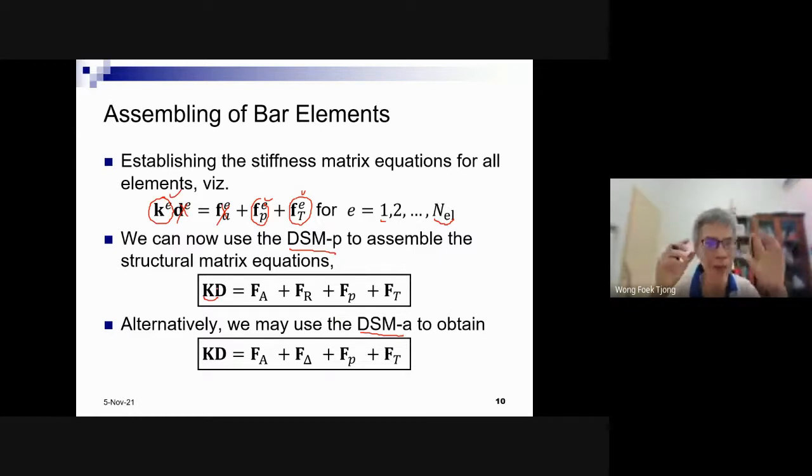Including the inactive degrees of freedom. The stiffness matrix here is different. Actually, this is KAA, right? The stiffness matrix involving only active degrees of freedom. When we use the DSMP, the right-hand side is F, that's applied nodal force and also the support reactions at the same time. The unknown support reactions.